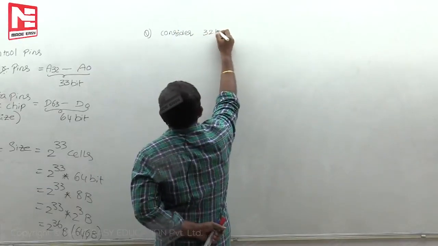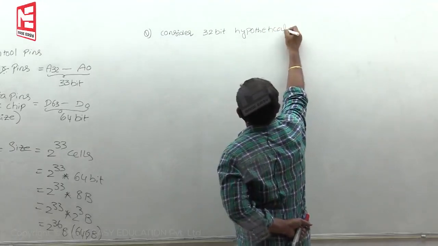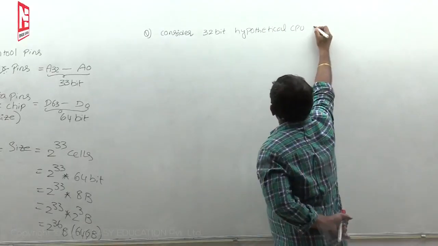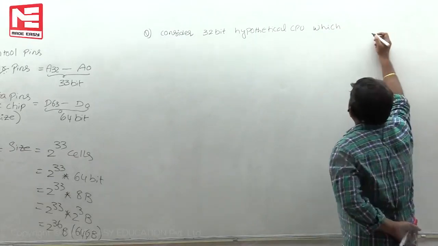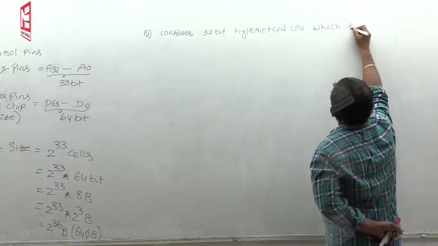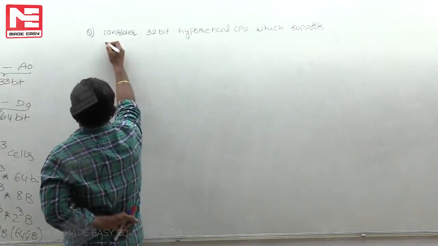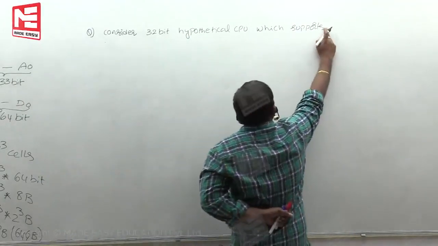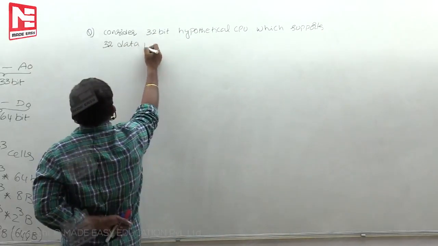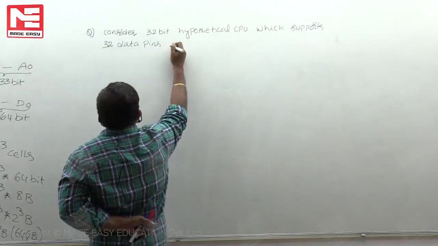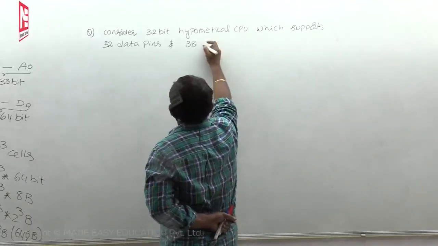Consider a 32-bit hypothetical CPU which supports 32 data pins and 38 address pins.